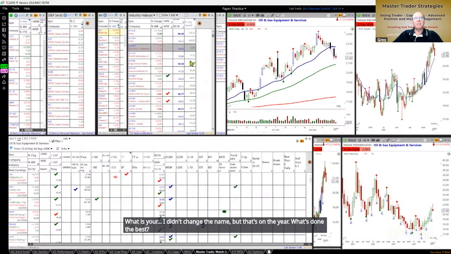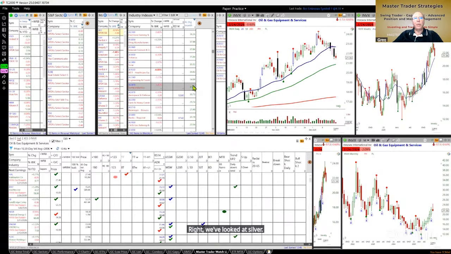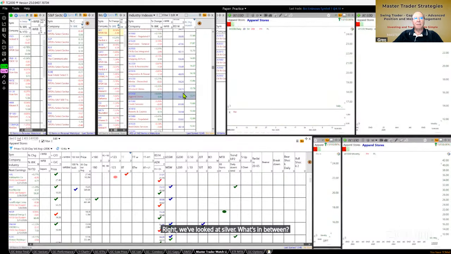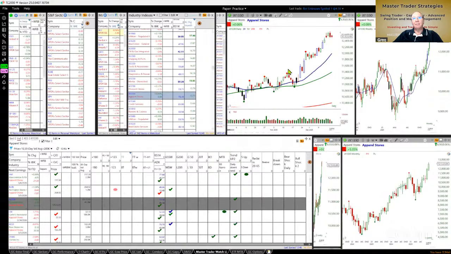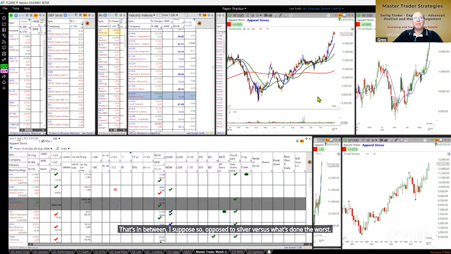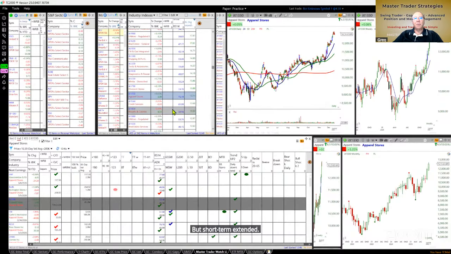Right, we looked at silver. What's in between? That's in between, I suppose, as opposed to silver versus what's done the worst. But short-term extended. And as we go through all of these, again, we can find wide range bars, what's done well on the week or on the day.